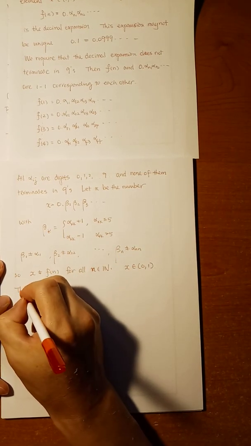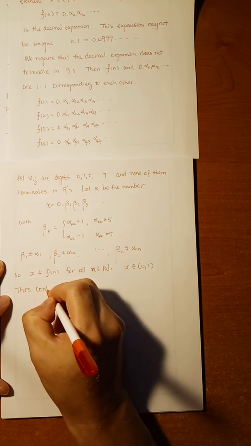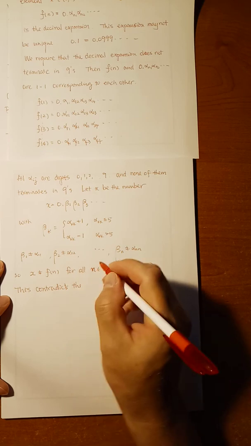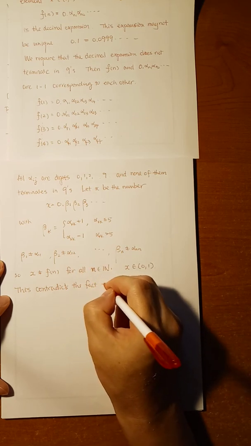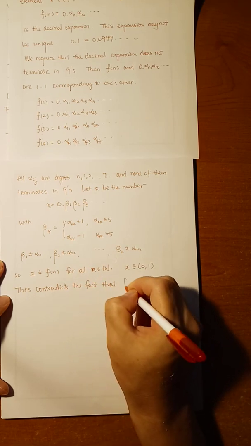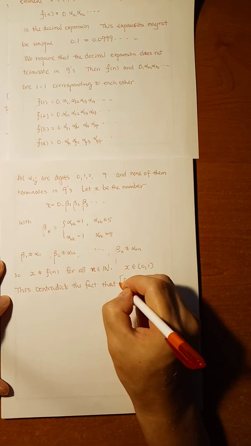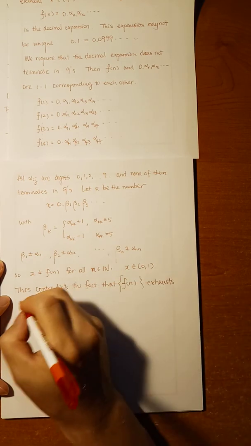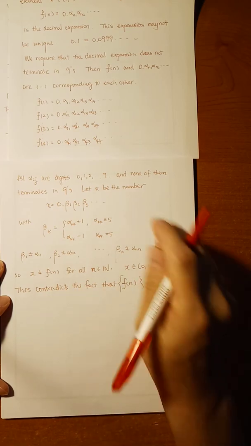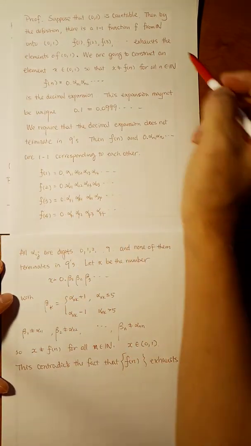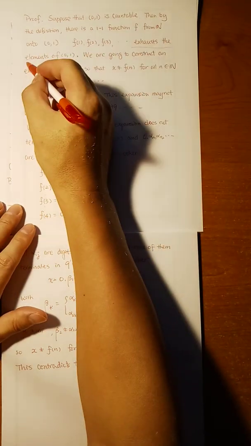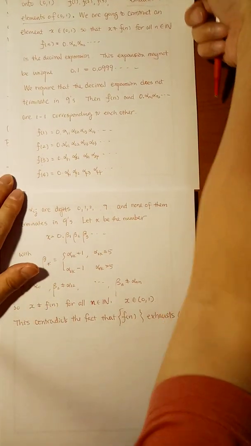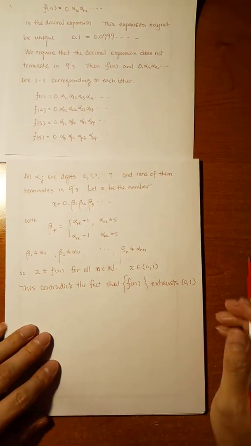This contradicts the fact that fn exhausts (0,1). Remember, we claimed it would exhaust the elements of (0,1). But here we constructed an element which is outside of the range.